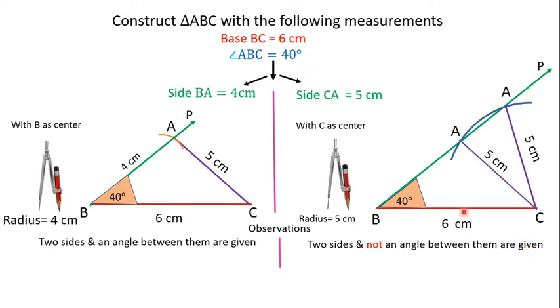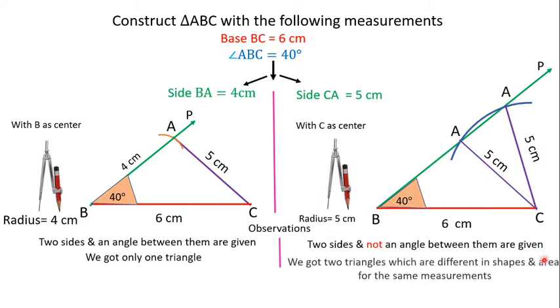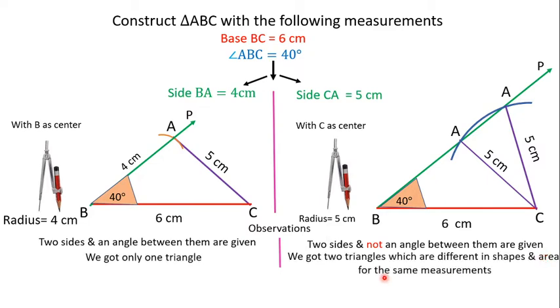They have given us BC, AC and angle B, which is not included between these two sides. And in the first case we got only one triangle, and here we got two different triangles which are different in shape and area for the same measurements.